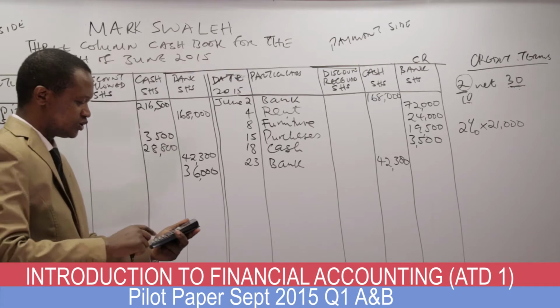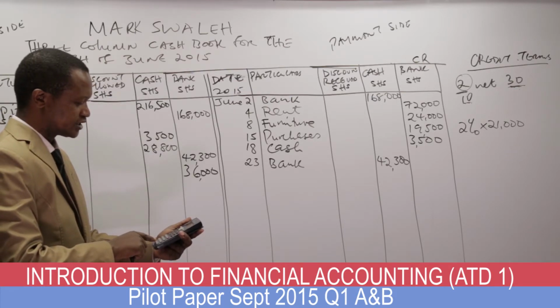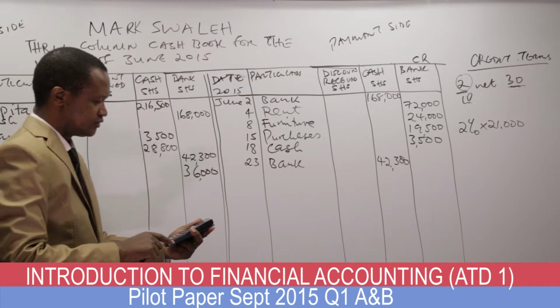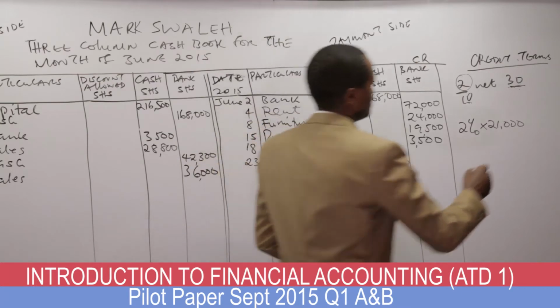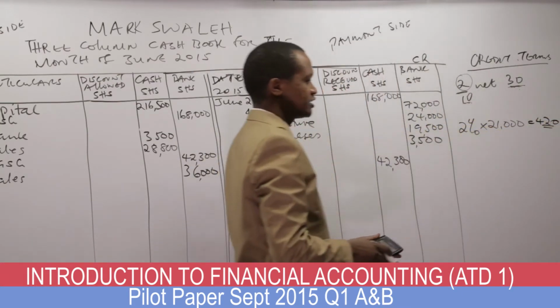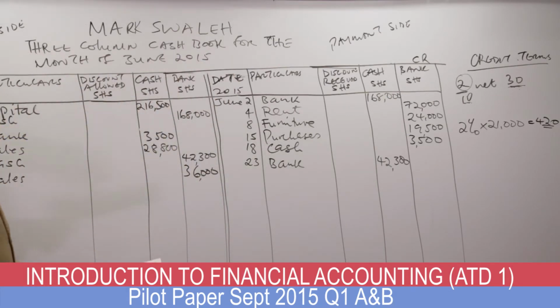I hope you also have yours. 2% of 21,000 is equal to 420. So that is the discount, 420. So we record it under the discount column. This is a discount allowed, and the date is on 27th.